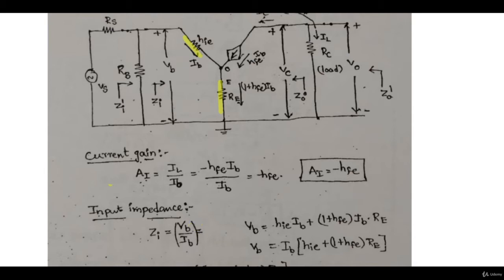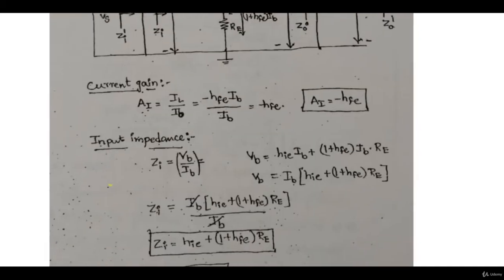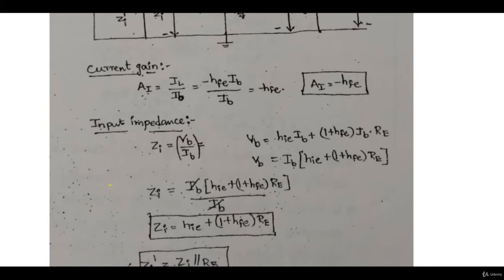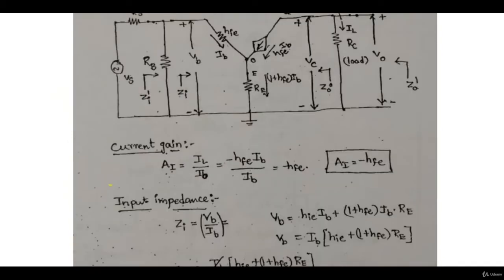Simple. So you get Zi, which is HIE plus 1 plus HFE RE. Zi dash is just the parallel combination of Zi and RB. You can see here RB and Zi, the parallel combination of these two.